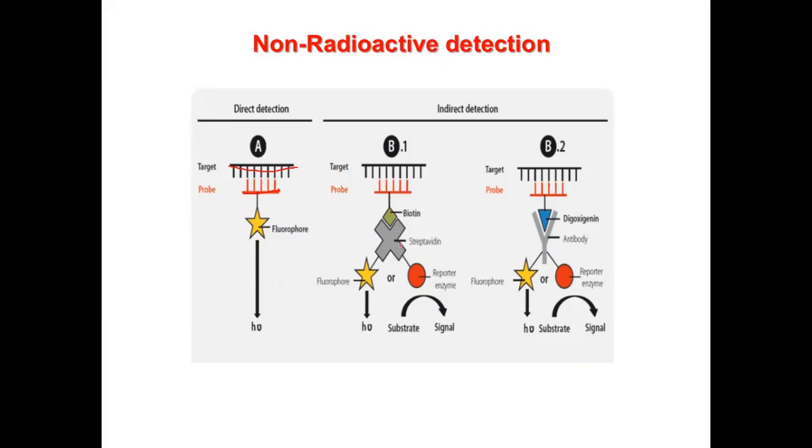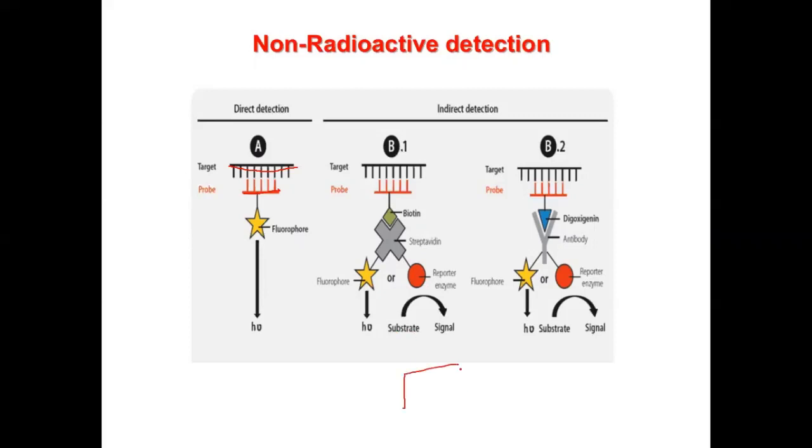Biotin is vitamin H, which has high affinity to the streptavidin molecule, and this streptavidin can be attached to a fluorophore or it can be attached to an enzyme. Now we have to take the blot and put it in a solution containing the substrate for the enzyme.